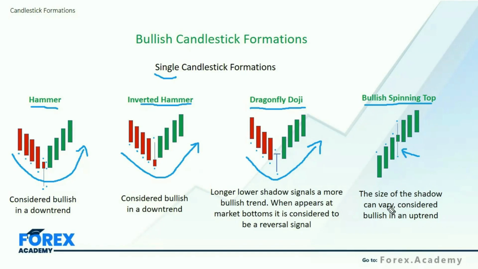So the size of the shadows can vary and are probably less important unless they're quite extreme. And if we see this kind of price action, and certainly if we get a break above the high price, then we're very likely to see continuation, and it is viewed by traders as being quite bullish in an uptrend.